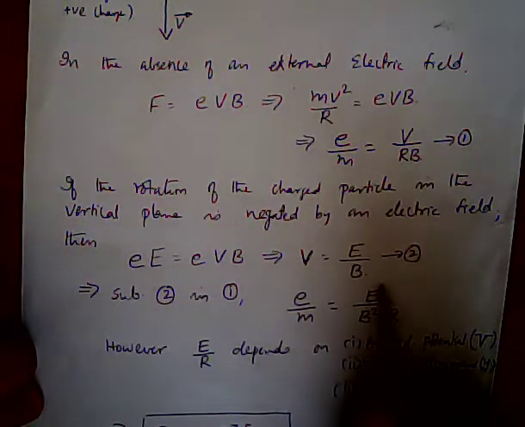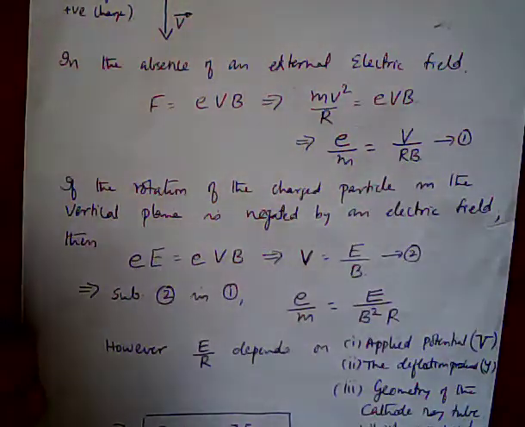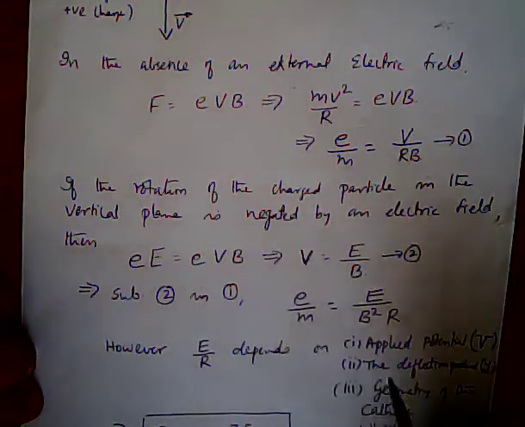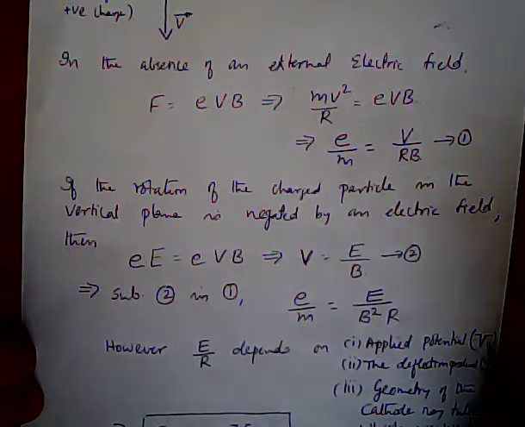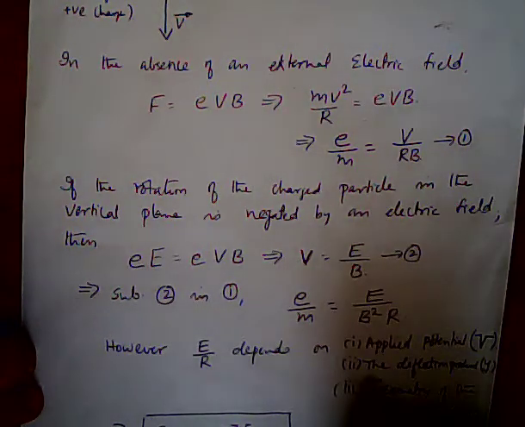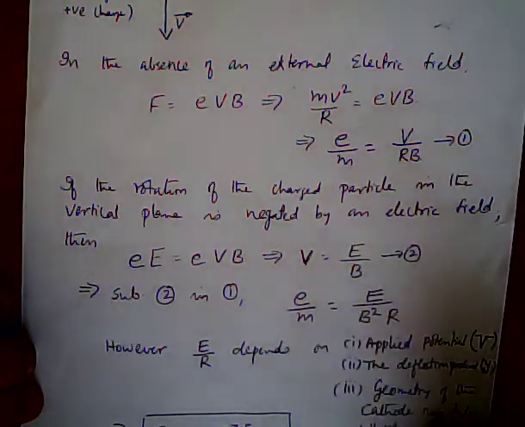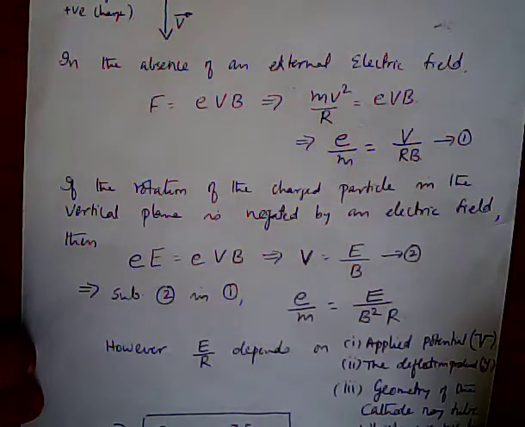However, it can be shown by a very stringent derivation that this e by r depends upon three parameters. One is the applied potential, which I show by a capital V. Then the deflection produced, which I show as Y. And the third parameter is the geometry of the cathode ray tube, which we will be using here.